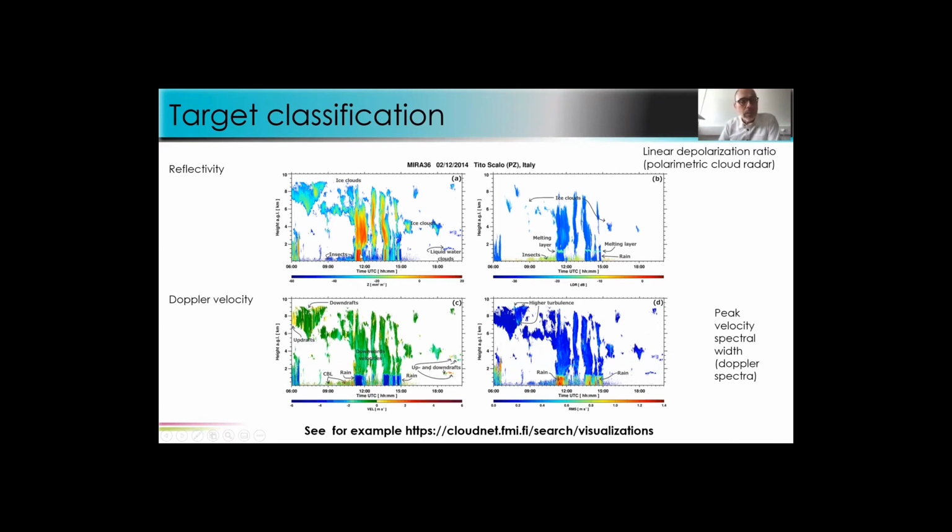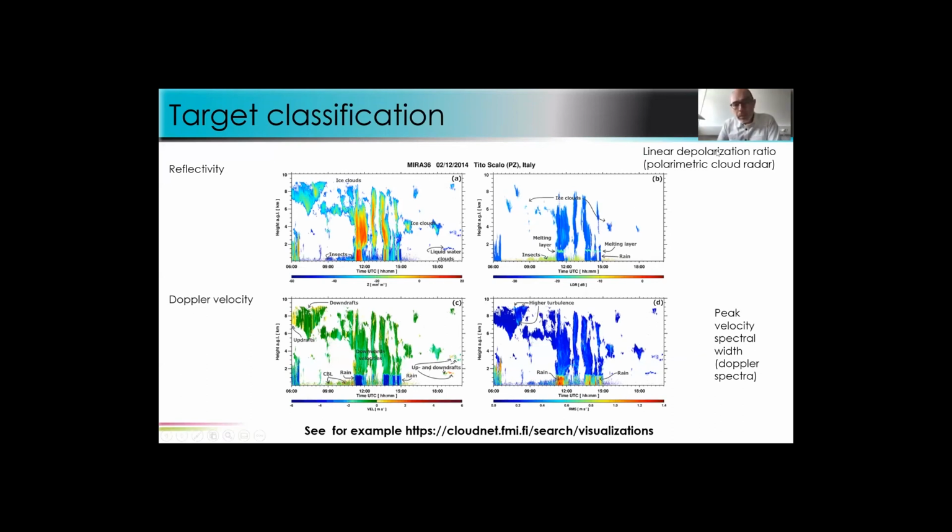We can see that there is a wide range of reflectivity depending on the amount and size of hydrometeors in the atmosphere, from ice clouds to liquid clouds. Also, the Doppler velocity allows us to distinguish, for instance, the precipitating regime of the cloud, so the rain, and also updrafts and downdrafts in the clouds.